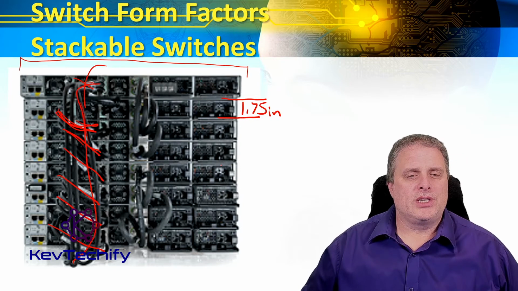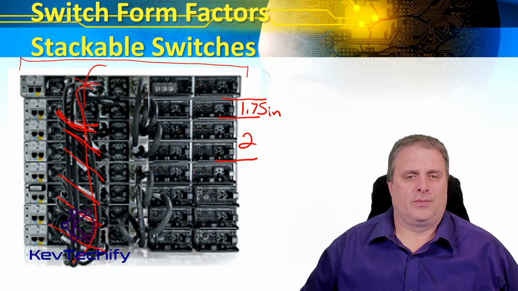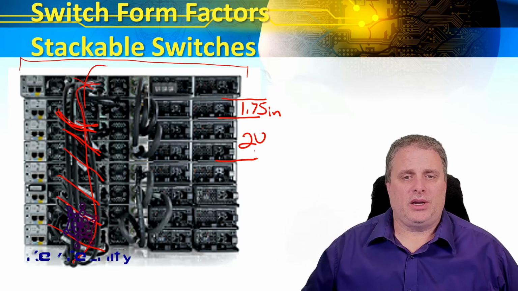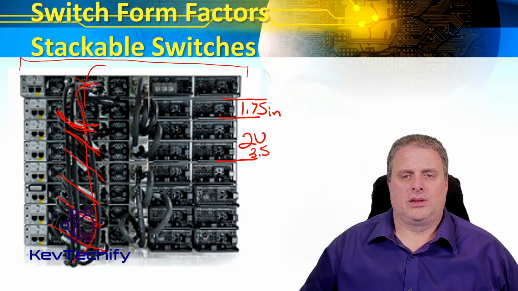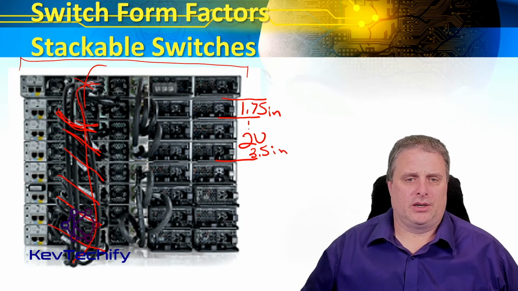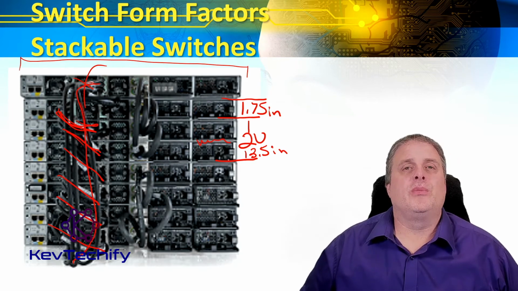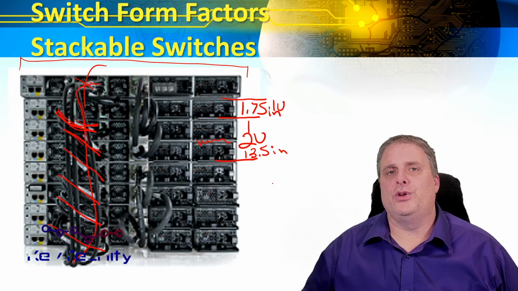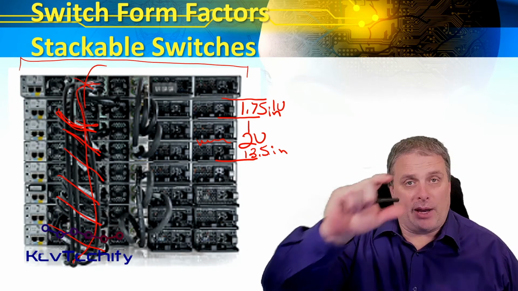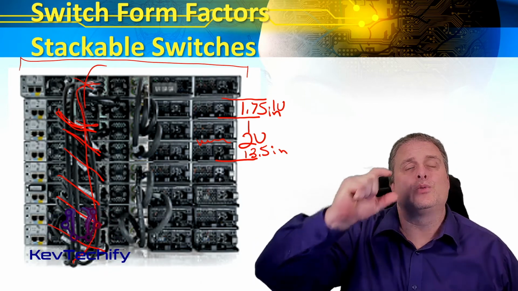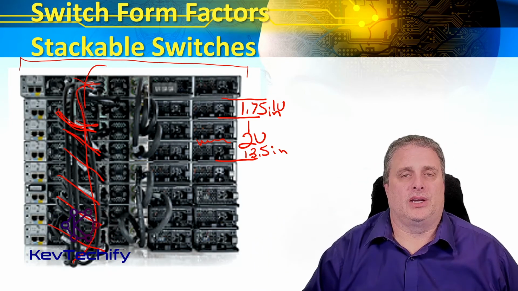There are switches that are 2U. That would be, I don't know, 3.5 inches big, if this was all connected. Servers come in the same thickness. You can have a 1U server, you can have a 2U, you can have 4U servers. A U is a rack unit. Each one of those units is 1.75 inches big.